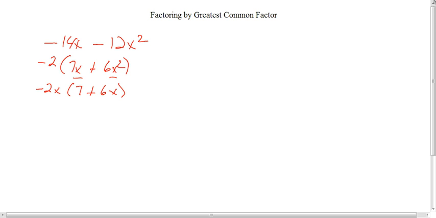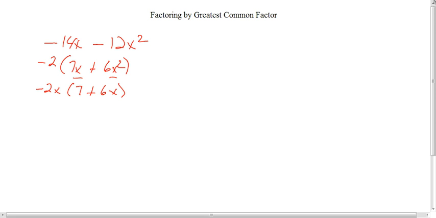Okay, so now we look on the inside and we see it is actually factored completely here. So from the beginning we could have pulled out a negative 2x, and then we would have had no issues with like factors on the inside of our parentheses.